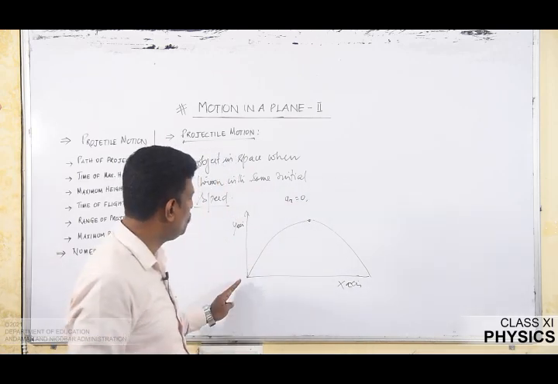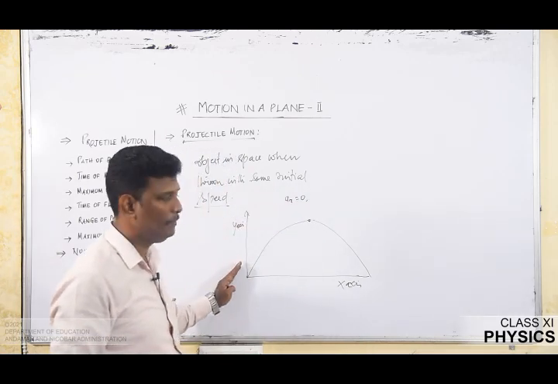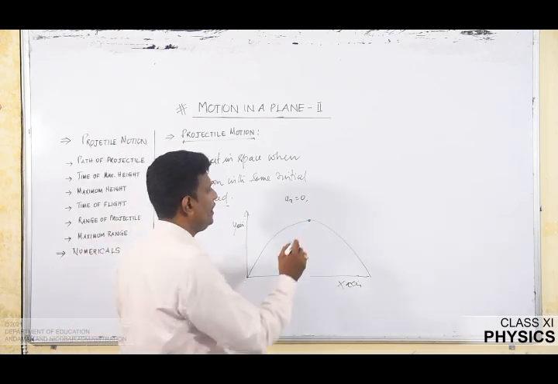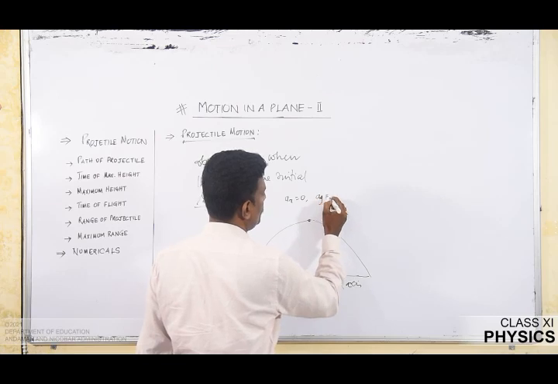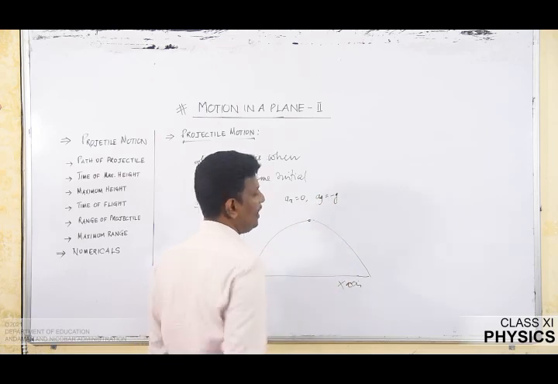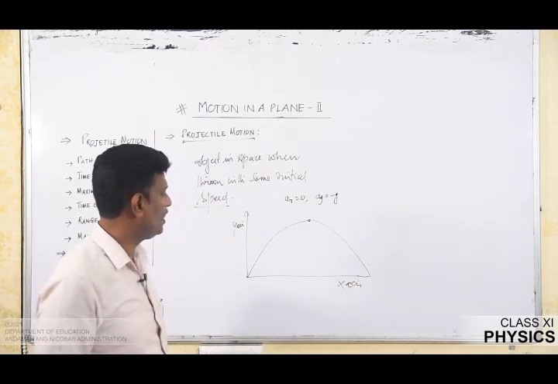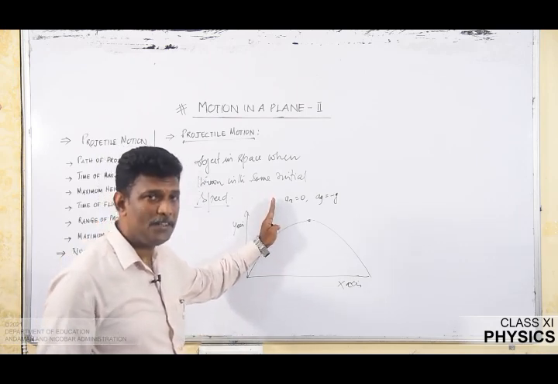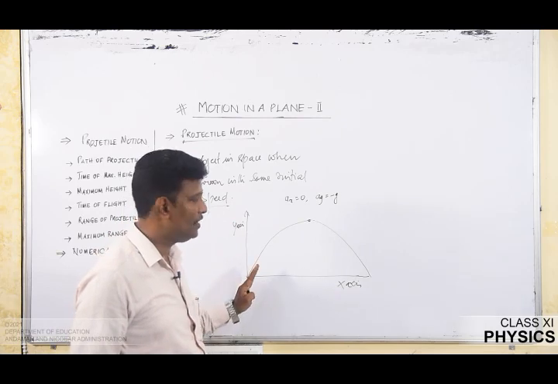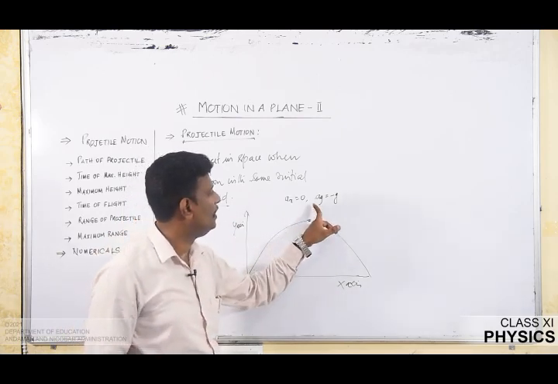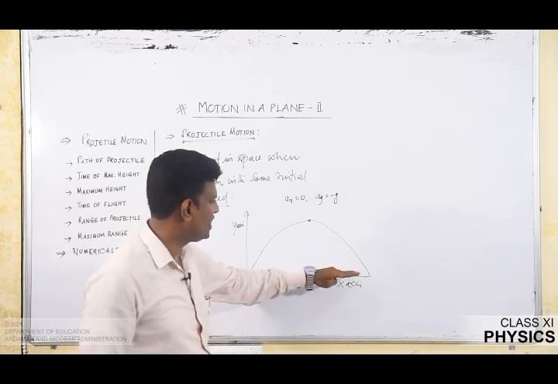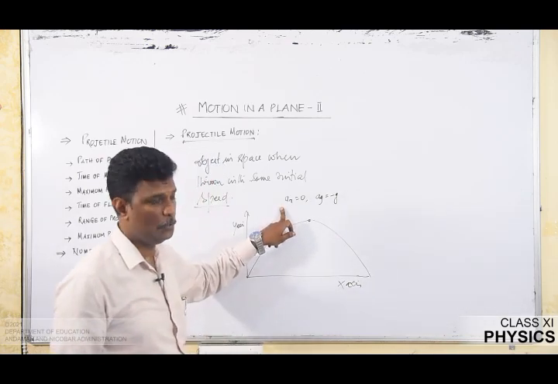So, net acceleration along the x axis is 0 and along the y axis is minus g. As we have already discussed, whenever an object is moving upward, it is against gravity. So, ay is equal to minus g. Along the x axis it is 0.